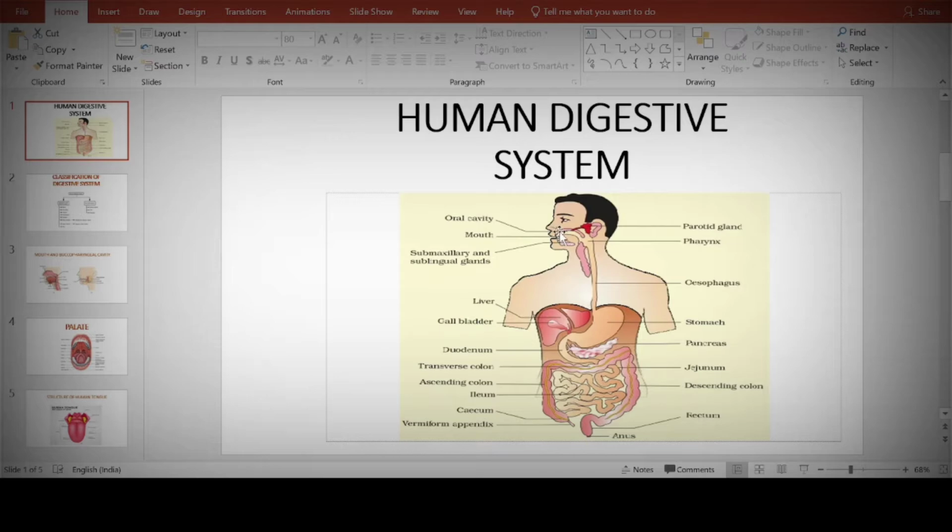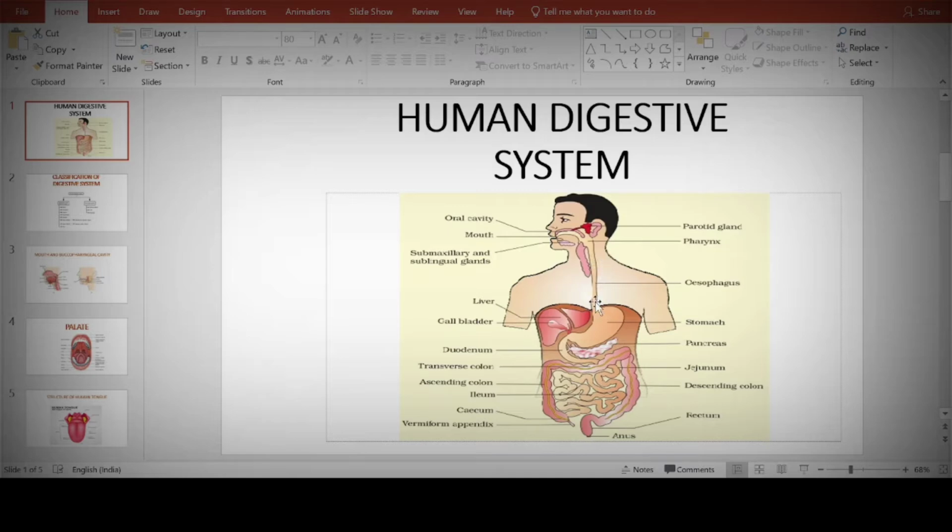Basically, these glands are part of the buccopharyngeal cavity. We will learn later in detail. Once the digestive system starts from inside the mouth, it extends to the pharynx, and then you can see we have this large canal, the oesophagus.